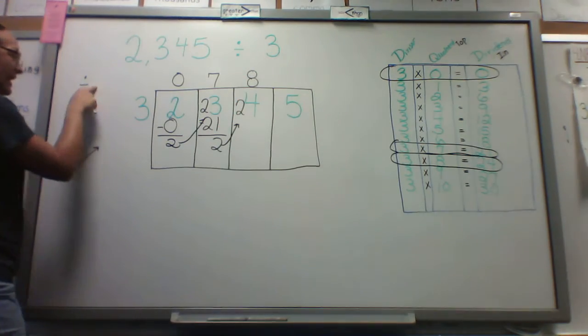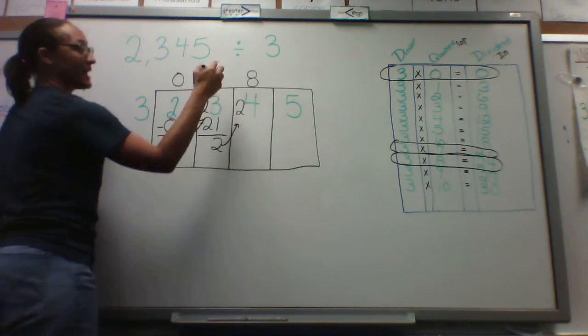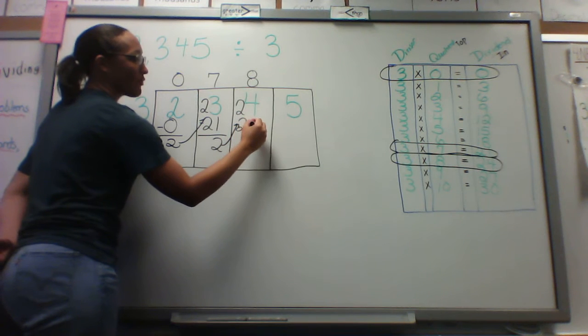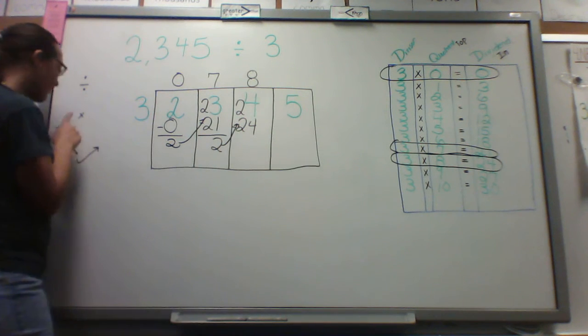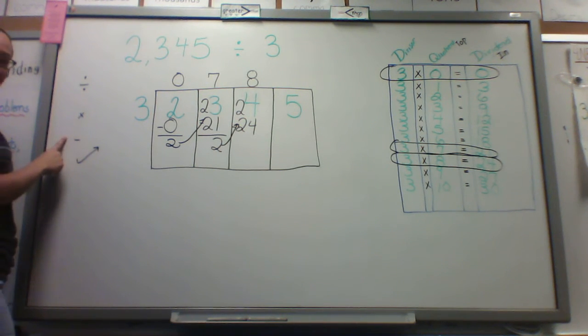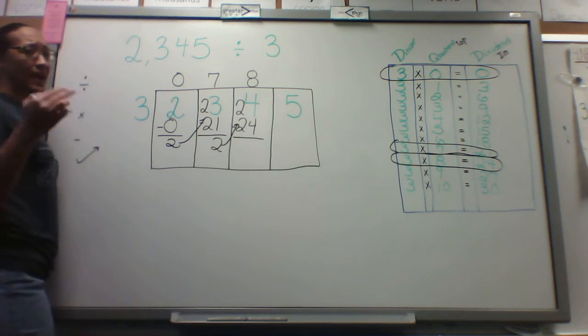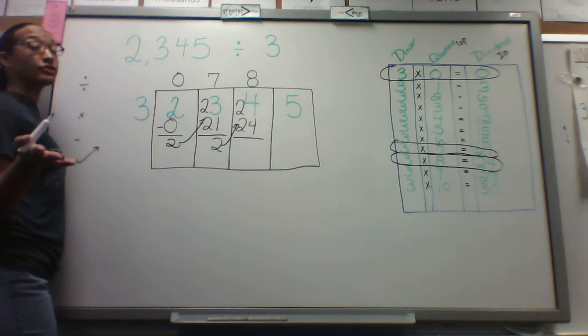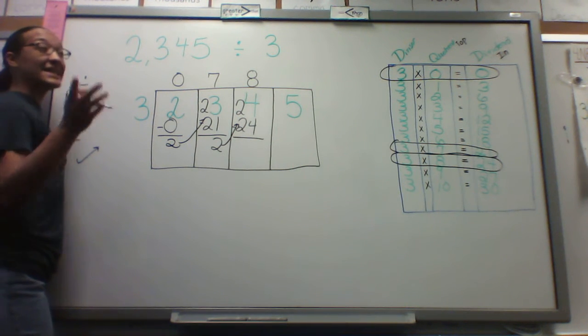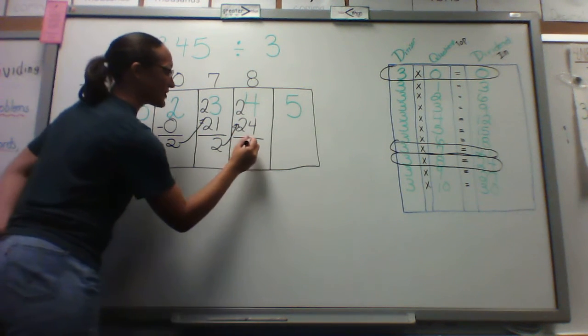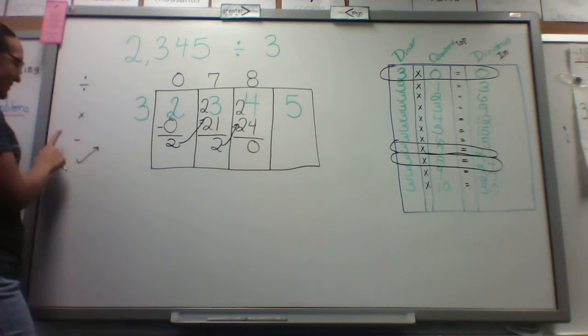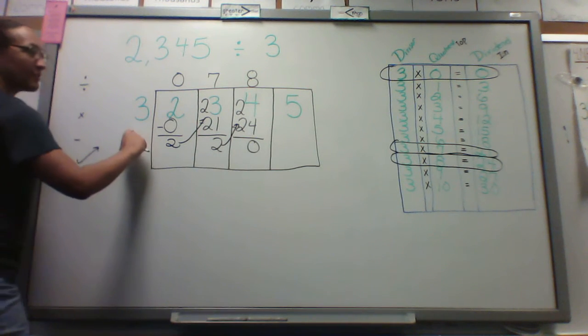So after I divide, now I multiply. 3 times 8 is 24. And after I multiply, I get to subtract. Well, 24 minus 24, everybody should know because we're all level 4 distinguished learners, is 0. Very good. After I subtract, now I have to bring that number on over.